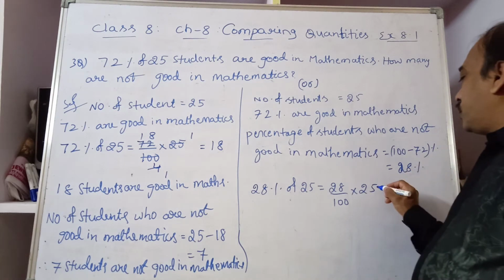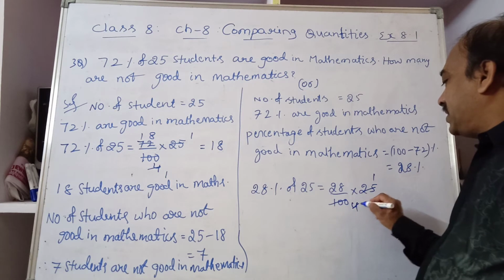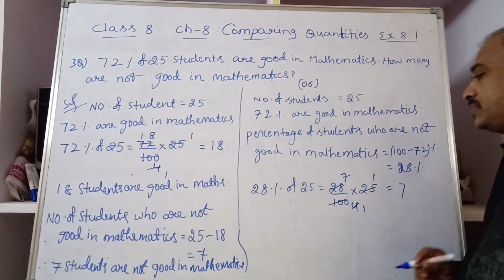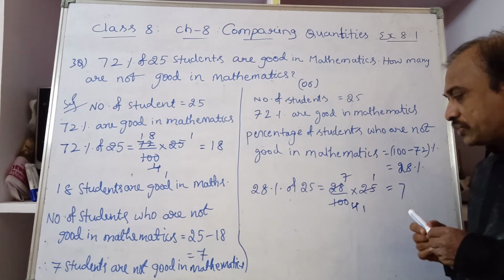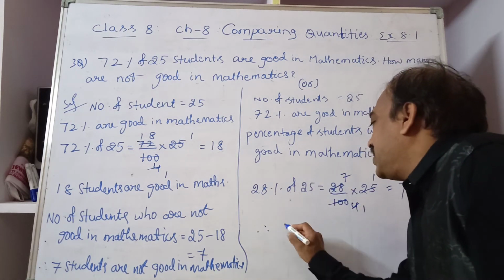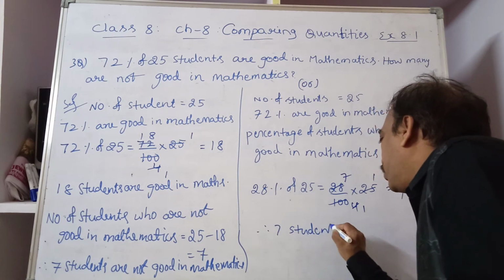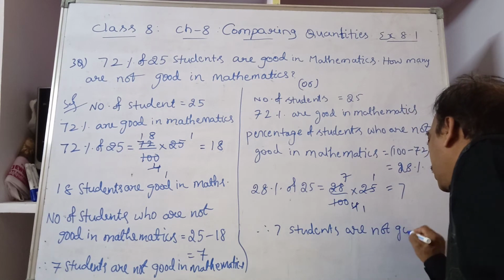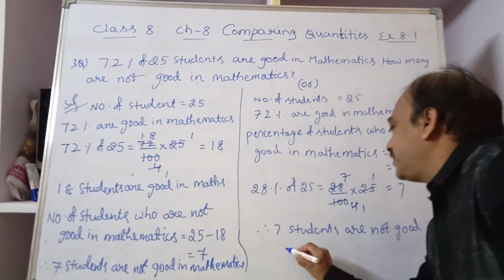So 25 ones are 25, fours are 100. Then 4 ones are 4, 4 sevens are 28. 7 into 1, 7. So this is another way, and we got 7 students. Therefore, 7 students are not good in mathematics.